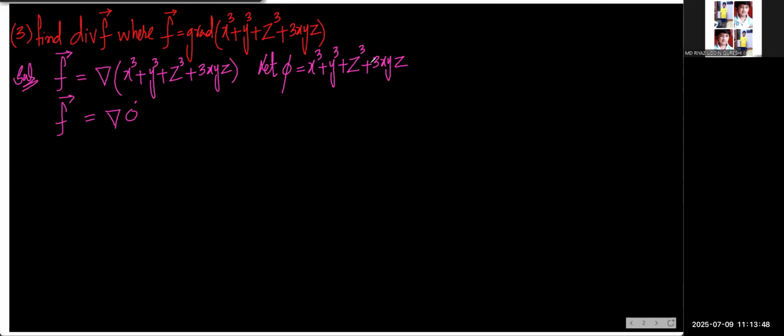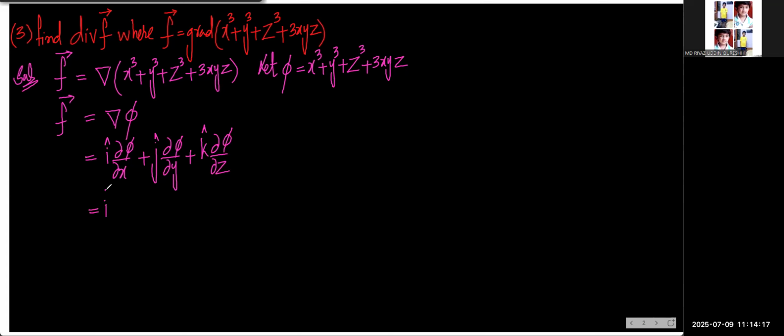Because if you consider this one as phi, this will become del phi. Del of phi is I dou by dou x of phi, okay, del means this symbol along with phi, plus j dou by dou y of phi plus k dou by dou z of phi again.